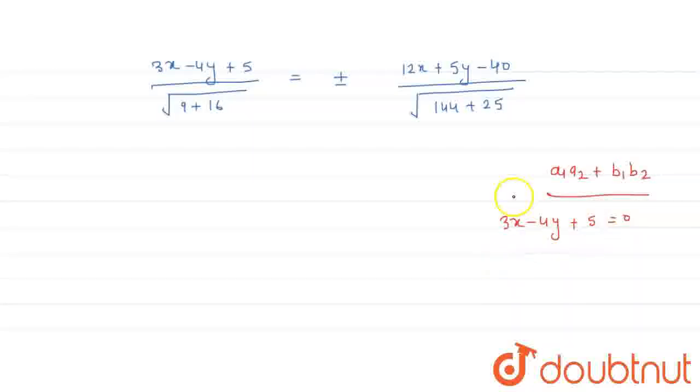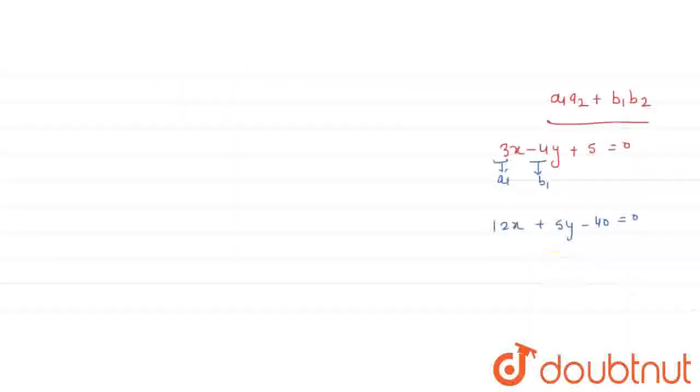Now from the first equation, this value is a1, this is b1. From the second equation, 12x plus 5y minus 40 is equal to 0, the sign of the constant term is negative. So let us multiply the equation by minus 1. So we get minus 12x minus 5y plus 40 is equal to 0.